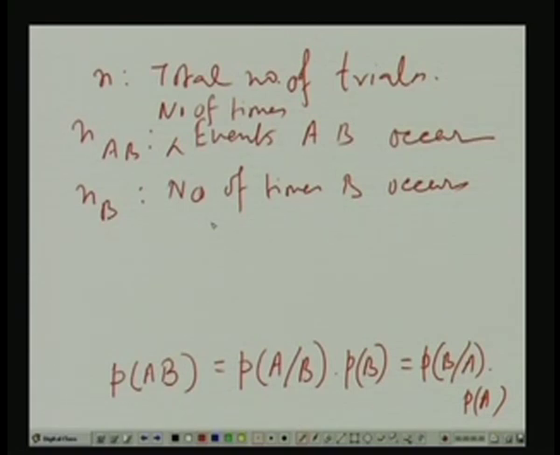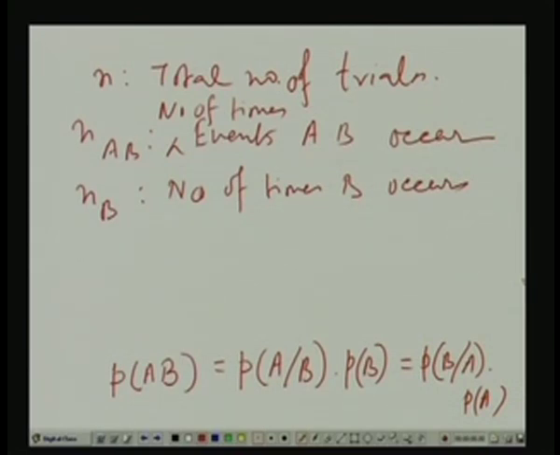Obviously, N B should be greater than or equal to N A B, because when B occurs, the event from the other space could be A or may not be A, but as long as the event from the space is B, it is added here, right, it is part of this.